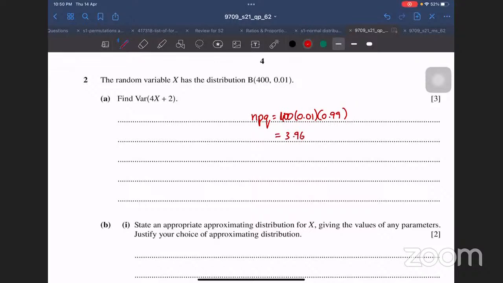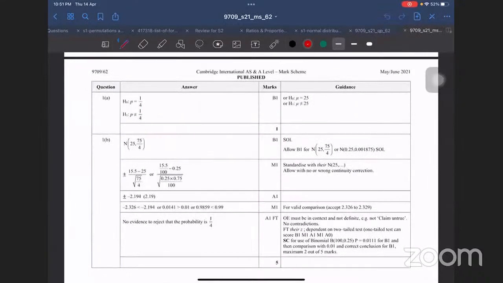So when I'm talking about the variance of 4X plus 2, the plus 2 does not impact the variance, only the 4 does. So 4 squared into variance of X. Variance of X is 3.96. So I get 16 into 3.96, which is 63.36.